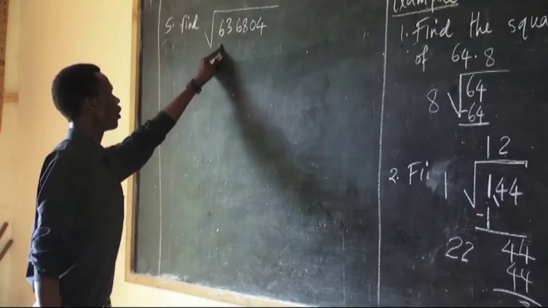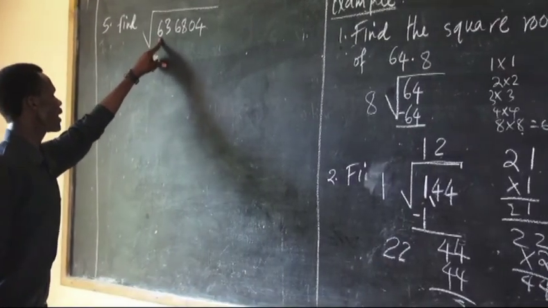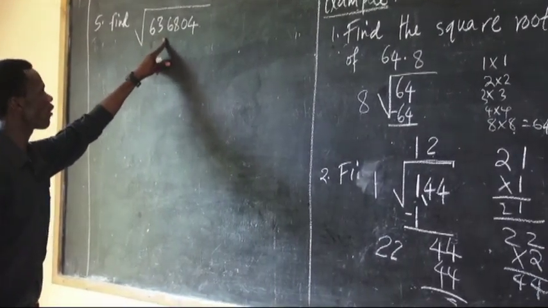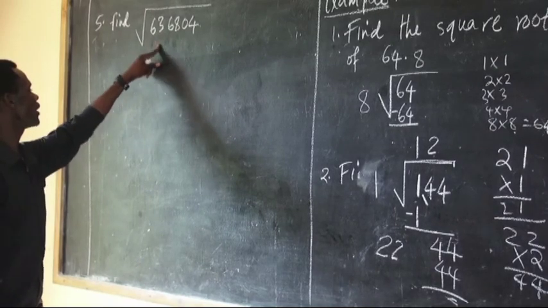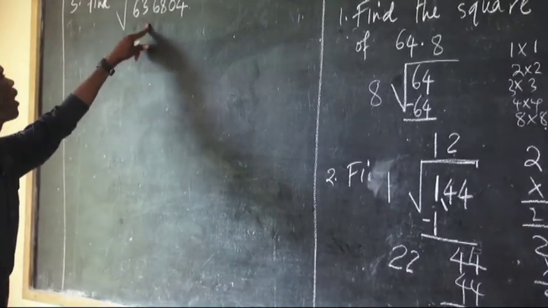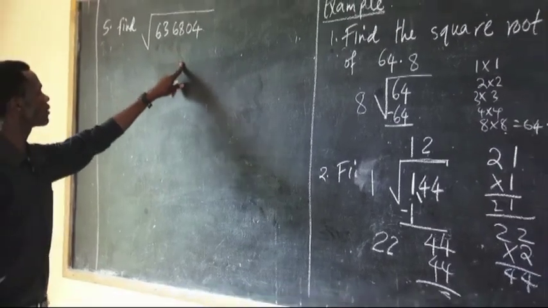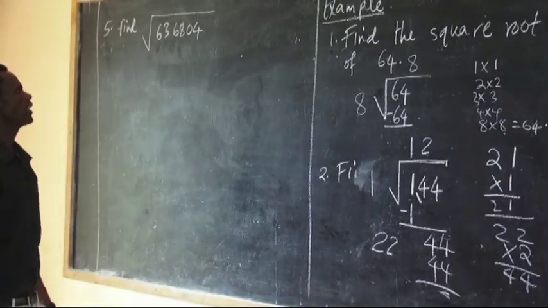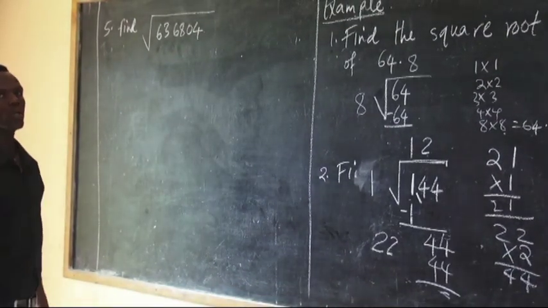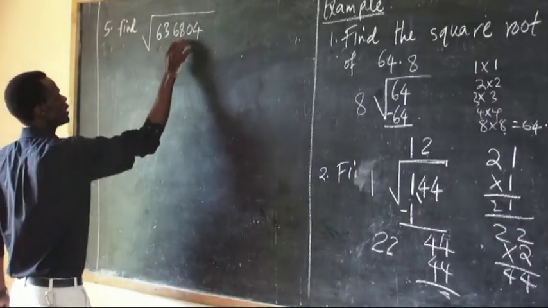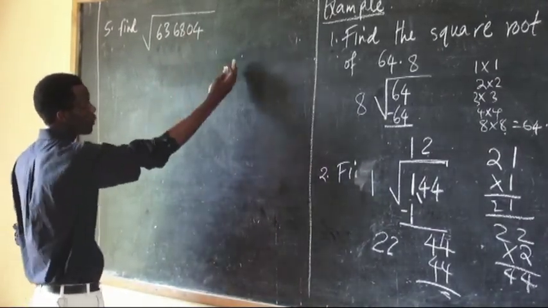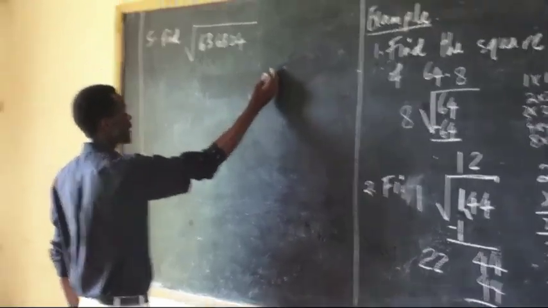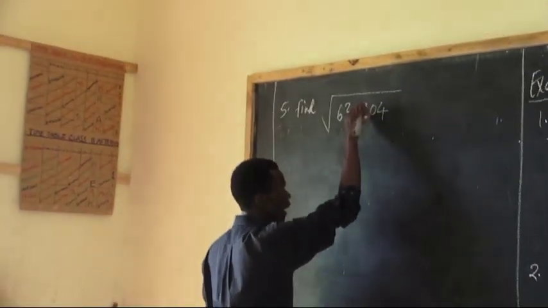Now this is 636,804. Now the same thing that we have to do is to separate this number in pairs, from the right-hand side going to the left-hand side of the number.